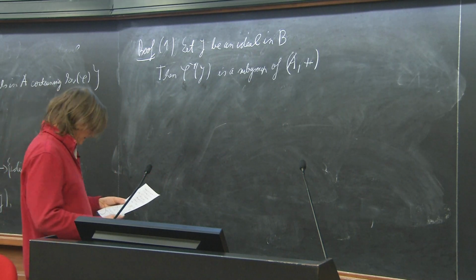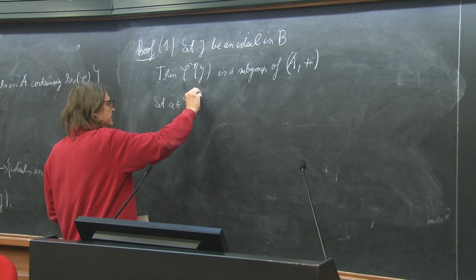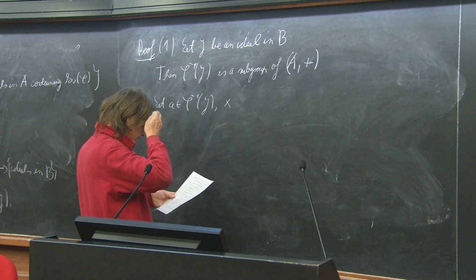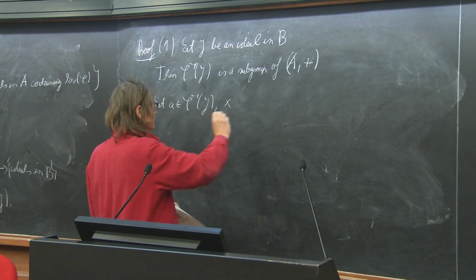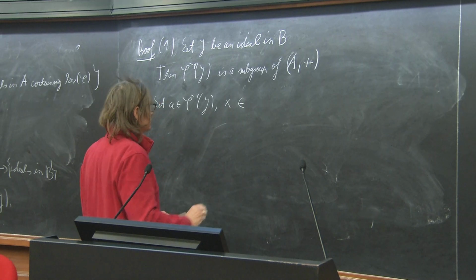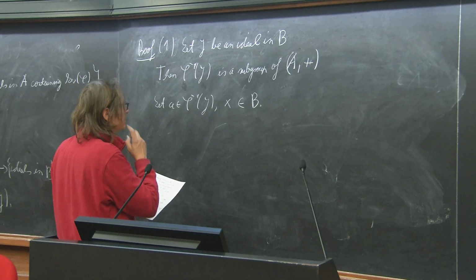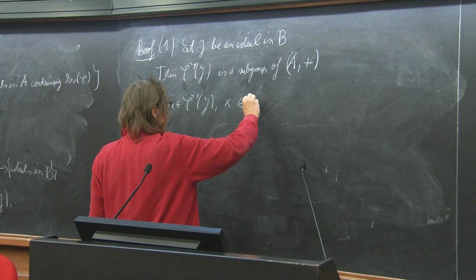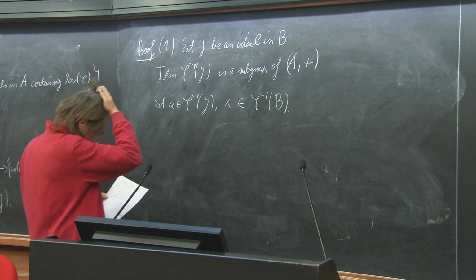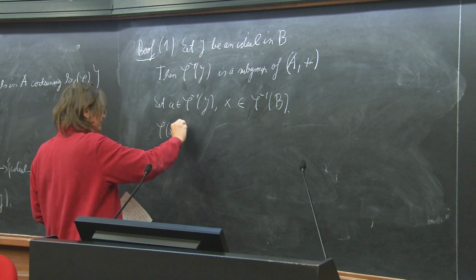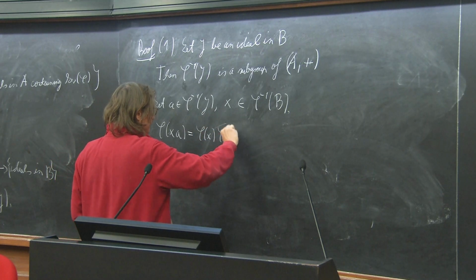And now we only have to see the other thing, this with the multiplication. So let A be an element in phi to the minus 1 of J, and let X be any element in A. Then phi of XA is phi of X times phi of A, obviously.